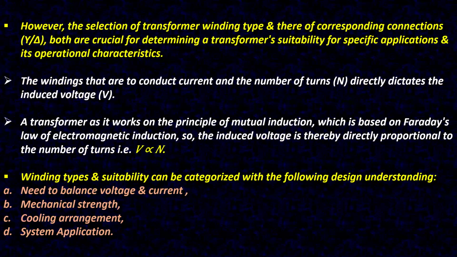The windings conduct current, and the number of turns directly dictates the induced voltage. A transformer works on the principle of mutual induction, which is based on Faraday's law of electromagnetic induction. So, the induced voltage is directly proportional to the number of turns, that is, V is directly proportional to N.